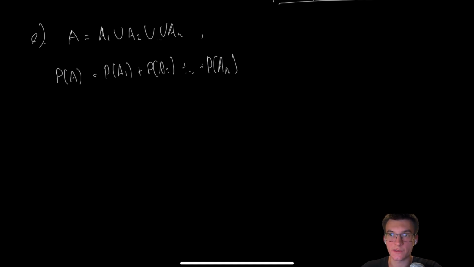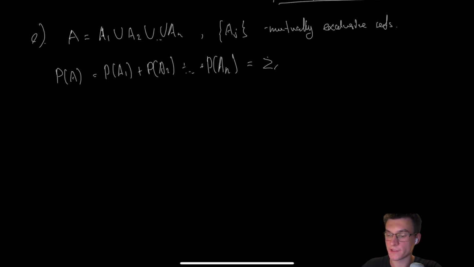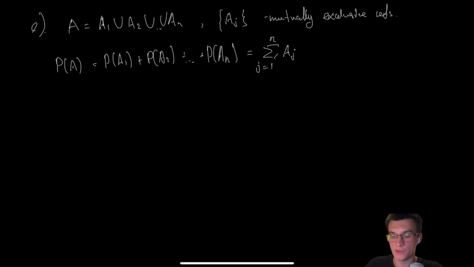This can also be written as the sum of P(Ai), where i takes values from 1 until n. Sometimes we also denote A as the union symbol, where i goes from 1 until n, like this. This is just a different notation.